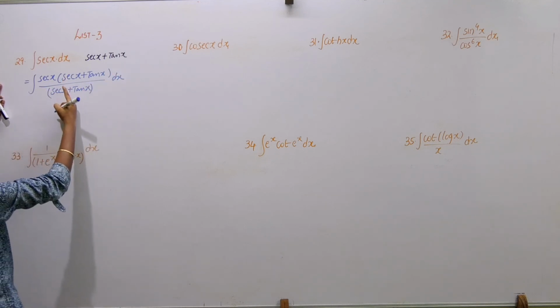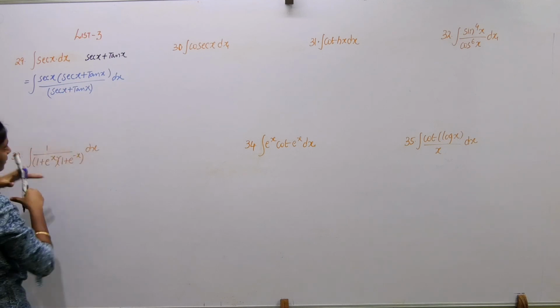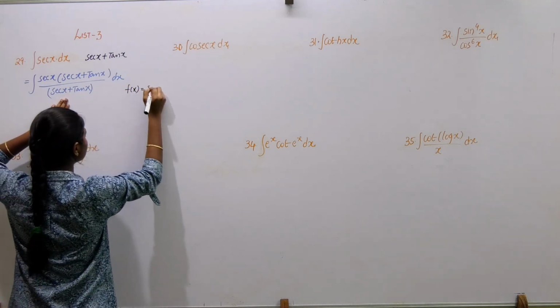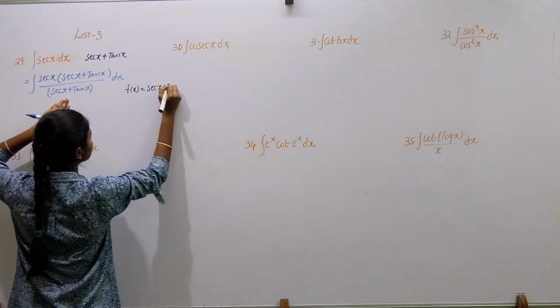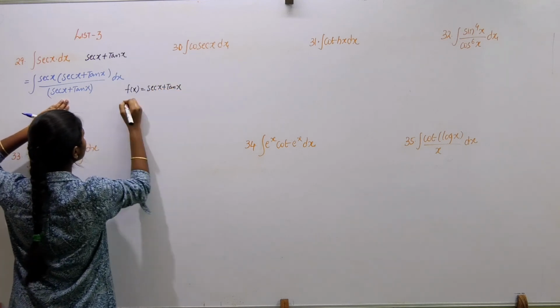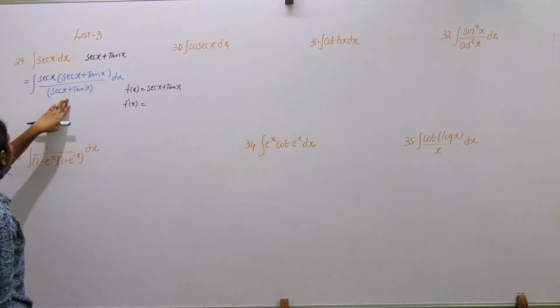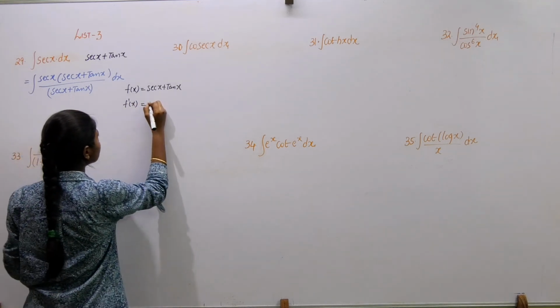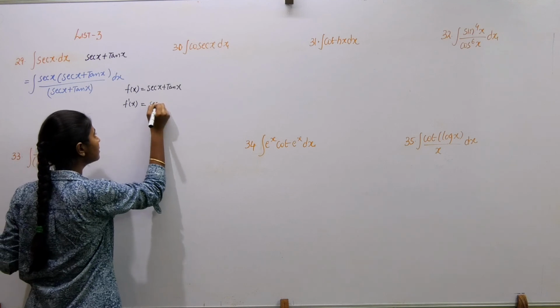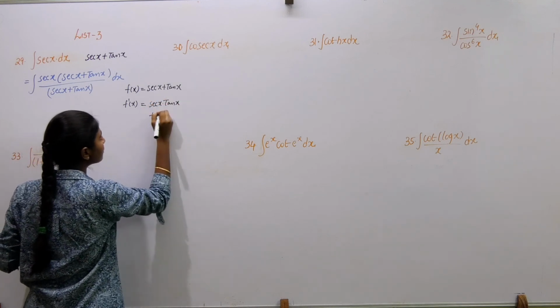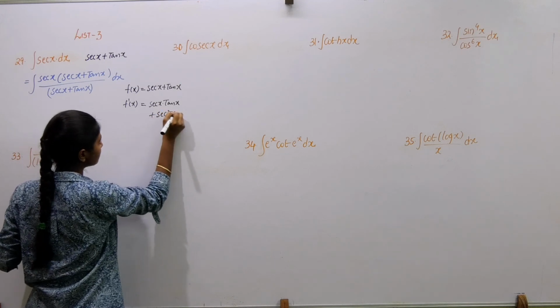Now, this is in the form of f dash of x by f of x. Let us check. f of x is equal to secant x plus tan x, then f dash of x is d by dx of secant x plus tan x. d by dx of secant x is secant x into tan x, plus d by dx of tan x is secant square x.